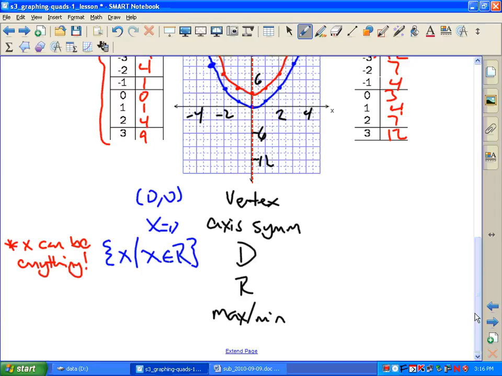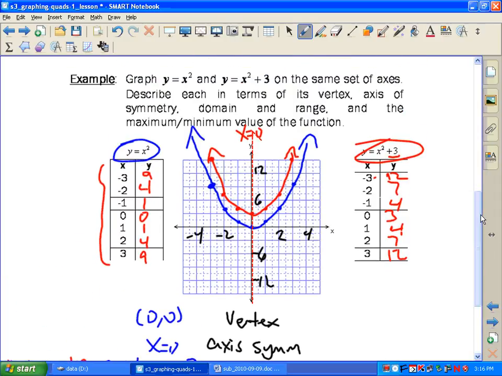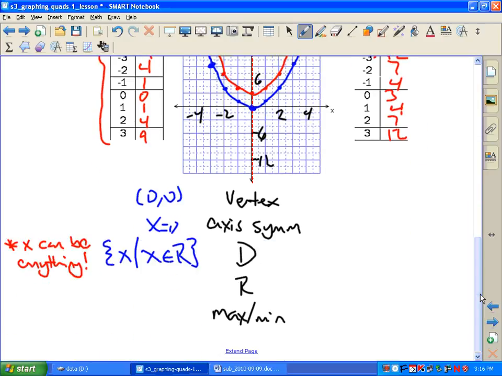Okay, now the range is a little different. The range, the lowest value on the blue graph is right here, the vertex, and that's at 0. So say y such that y, lowest value is 0, so it's greater than or equal to 0. And we should still say y is an element of the real numbers, because that just tells us what numbers make up y.